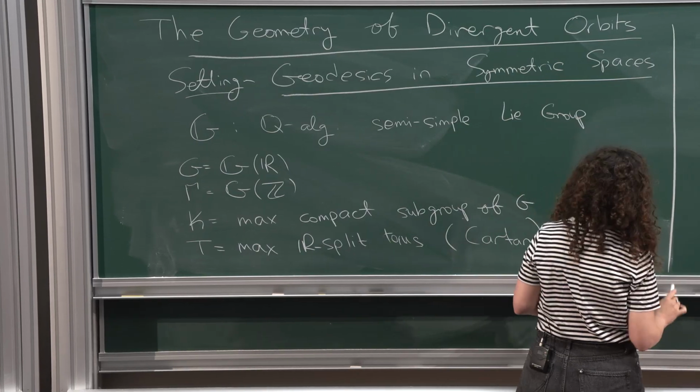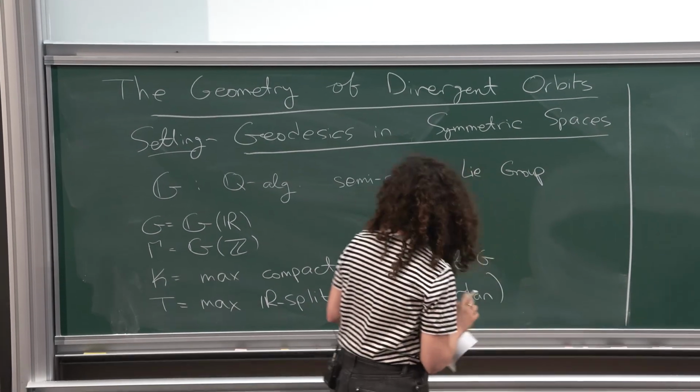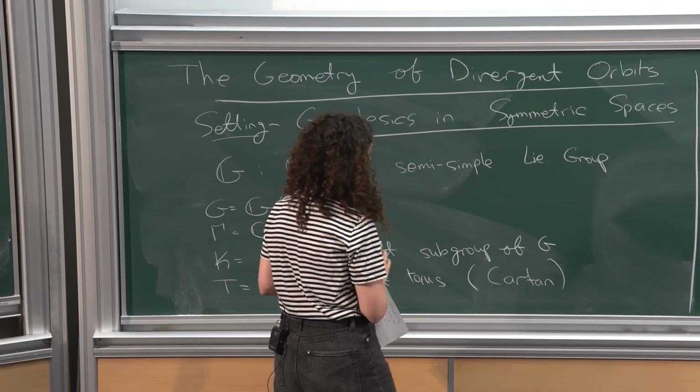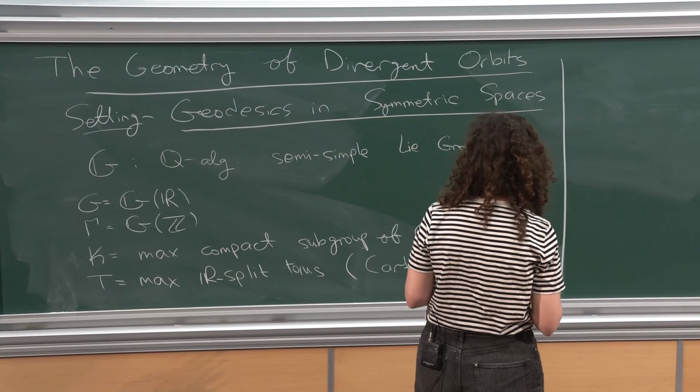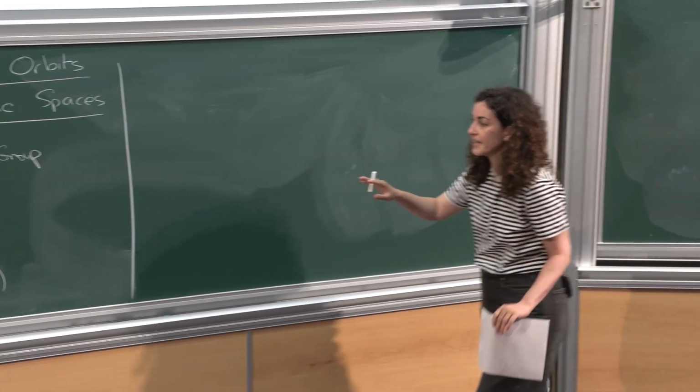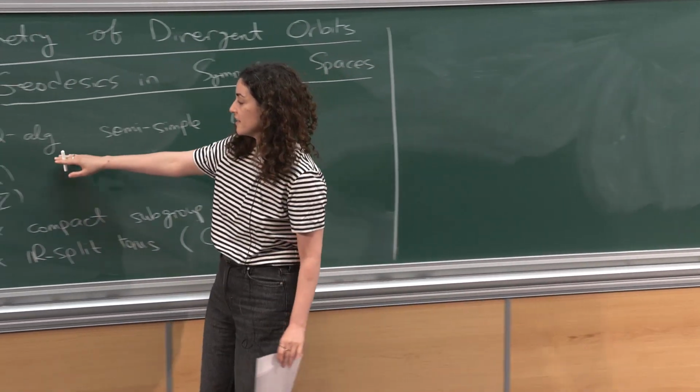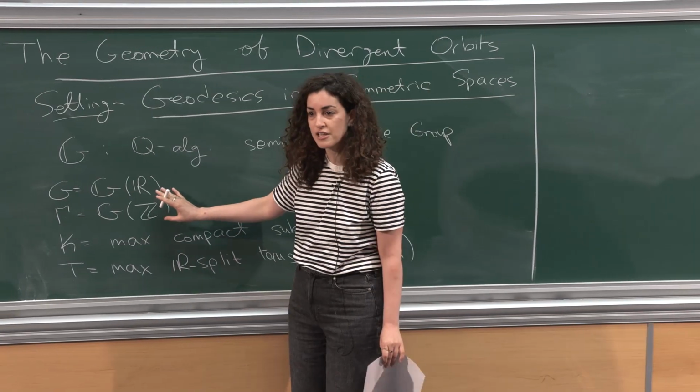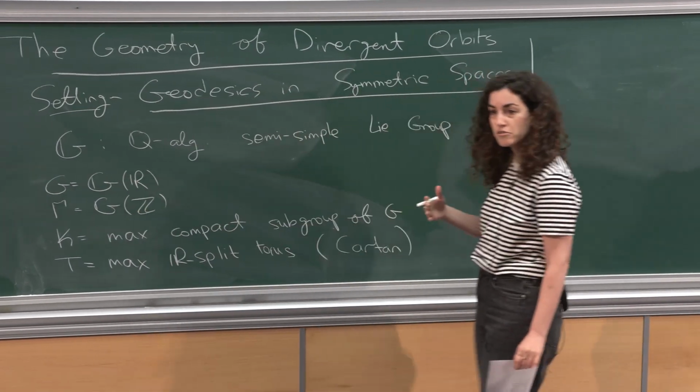Okay, so this is the setting. If you're not familiar with the whole Q-algebraic thing, it just means basically that we have some Q-structure on our space that we can use.